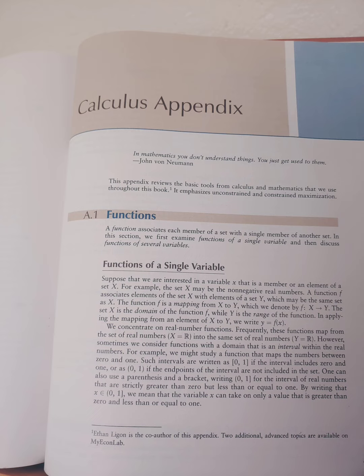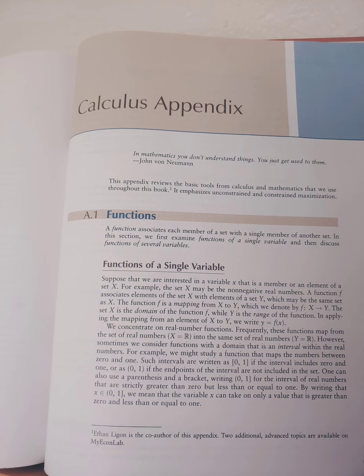The capital X is the domain of the function f, while capital Y is the range of the function. In applying the mapping from an element of capital X to capital Y, we write y equals f of x.